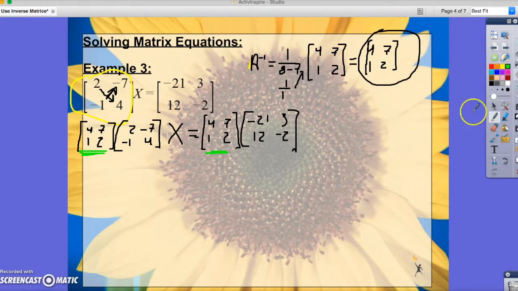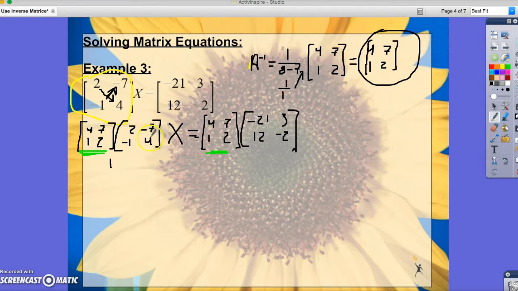All right, now when I multiply the side on the left here, I'm going to take a quick look at it. What should you get, though? You should really get the identity matrix, right? 4 times 2 is 8. 7 times negative 1, I get 8 minus 7, which is 1. 4 times negative 7 is negative 28. 7 times 4 is 28.